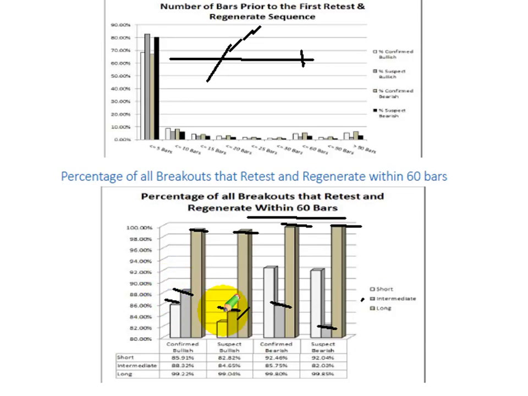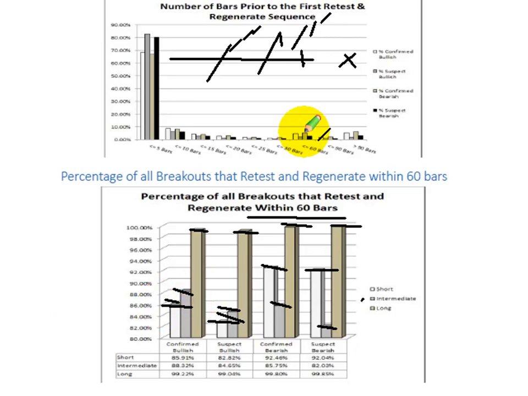And it's also in the very high 80s on the short-term time frame of the suspect, on the bearish. And so what this graph tells you is that when you get a breakout to the topside and it doesn't come back immediately, that thing can go for a long time. But eventually, the odds are it will come back. On the bearish side, those odds are very high, whereas on the bullish side, not as high.